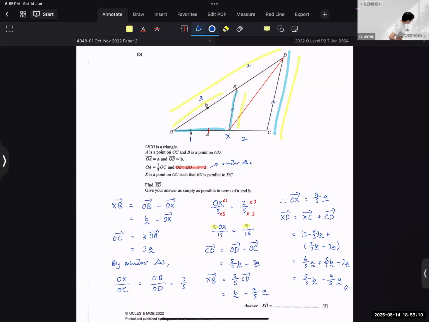Because you find OX, you can find XC by subtraction. And you already found CD. So XD is just XC plus CD. That's it. So it's just figuring out part by part. I don't think it's very complicated. It's a little bit tedious, but quite systematic to work through. Okay, so learn to make use of similar triangles is something that you'll see all the time.